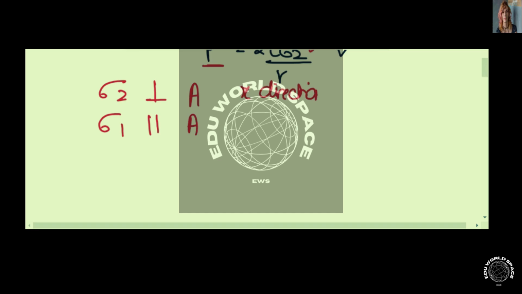If I want to figure out the direction, this is the x direction and this is the y direction. So we can write that sigma sub x is equal to sigma sub 2, and sigma sub y is equal to sigma sub 1.